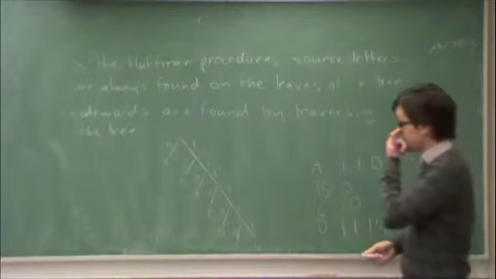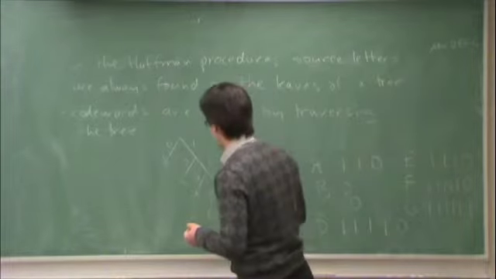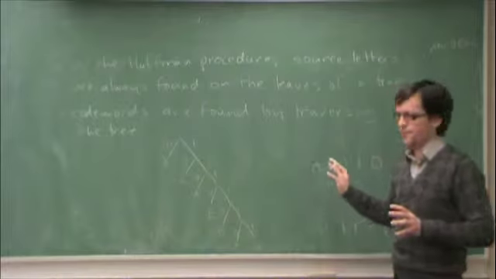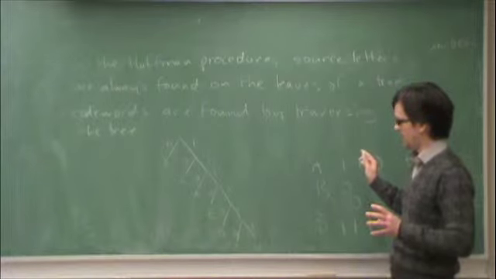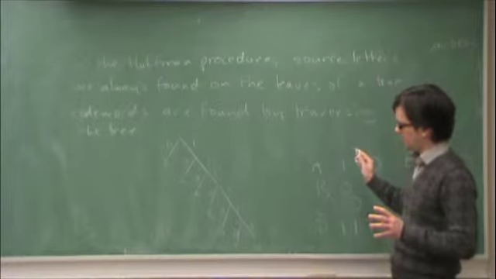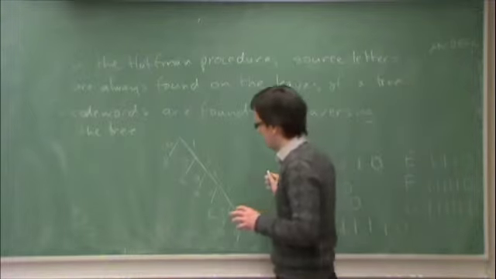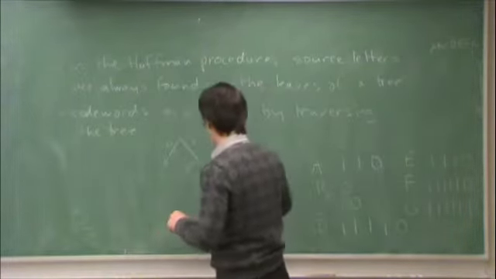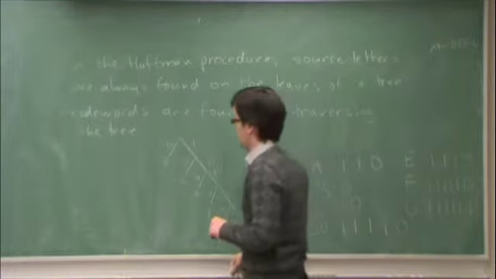So, remember my proof of the Kraft inequality. We found that if we could structure the code words on a tree like this, it must be a prefix code because no code word is a descendant of any other code word.